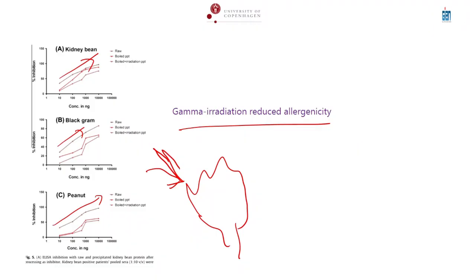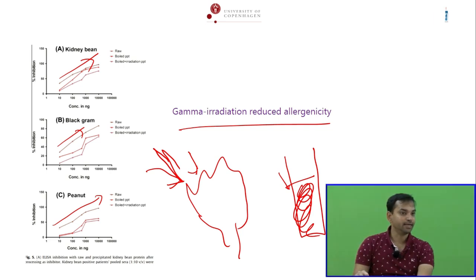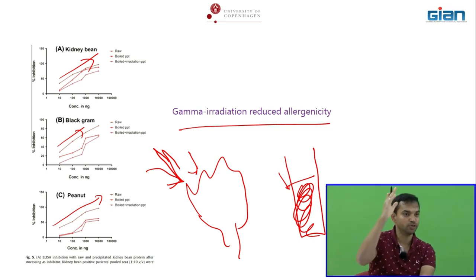Now, in our case, to modify the functional property, we need to take it in solution. Do you agree? Now, the protein is dissolved in solution. The chemistry that happens here is very different from the chemistry that will happen there, because now more and more molecules are interacting with the gamma radiation, because gamma can penetrate through solution.